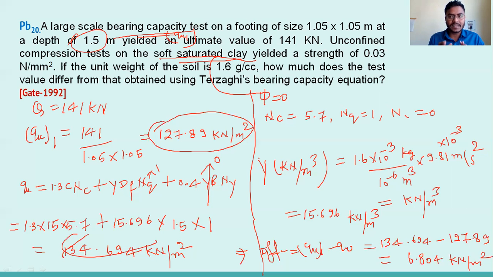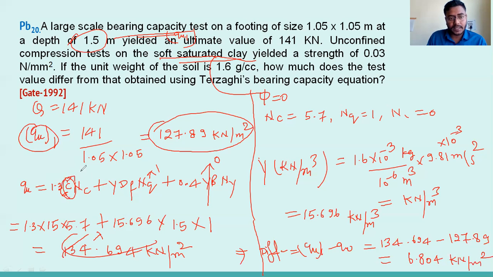So in this question, we saw the basic things. What is the difference here? He has performed some bearing capacity test, and from that we get this value, the ultimate bearing capacity of soil. But C was not given directly. C was given indirectly.